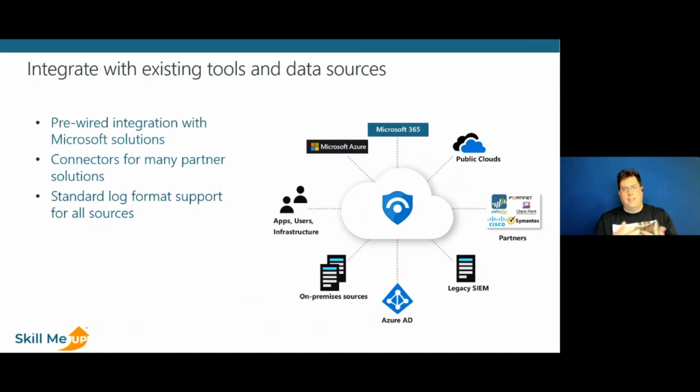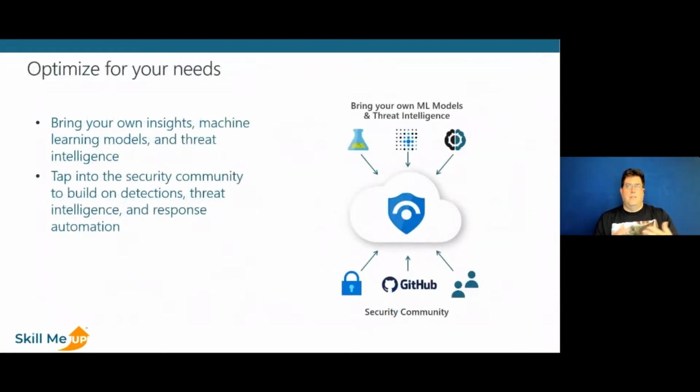You can then have those logs tagged and alerted within an event management system, along with all of your other network alerts, identity alerts, application alerts, and on-premises alerts from your firewalls, all integrated in one location. That's what Azure Sentinel is going to do for you, and it allows you to optimize what you need and how you manage and monitor your environment.